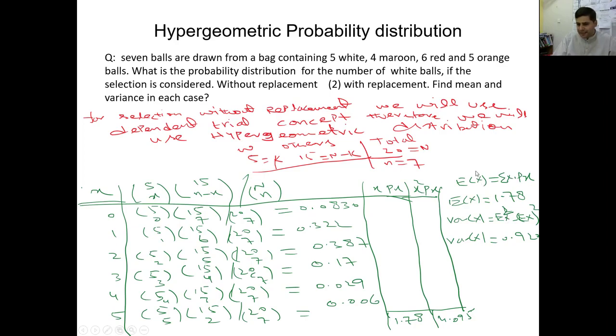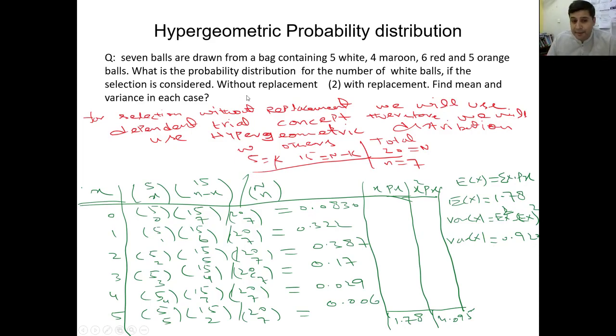So E of x square is 4.095, minus 1.78 whole square. So our variance will be 0.920.